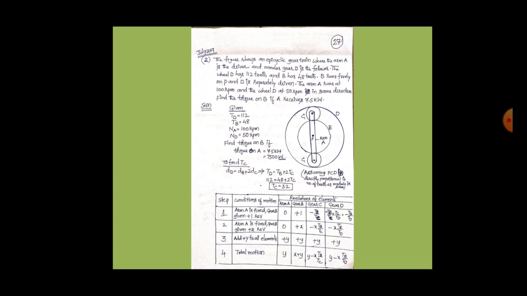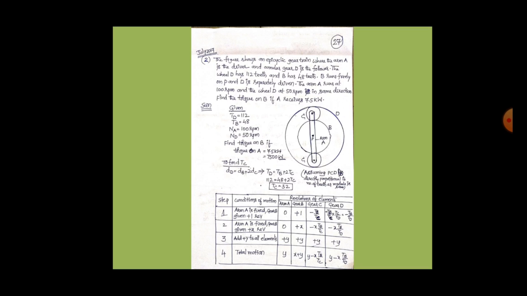So to find TC, if I look at the geometry, I can write the pitch circle diameter of wheel D, that is DD, is equal to the pitch circle diameter of wheel B plus DC plus DC. So I wrote it as 2DC, 2 times the pitch circle diameter of the planet wheel C. Here there is no statement whether the module is the same or not.